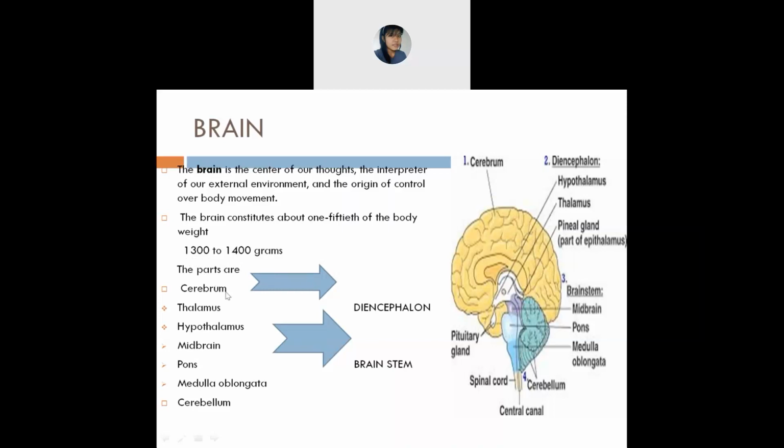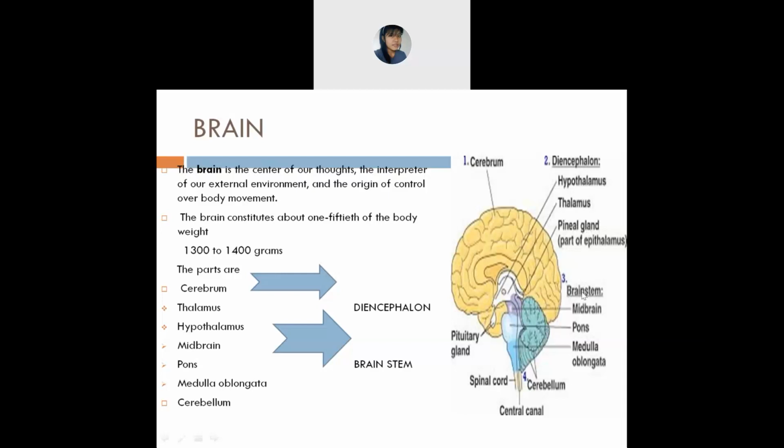And there are also some parts in the brain. So what are the parts of the brain? This one you can see here. Number 1 is the cerebrum. Number 2 is the diencephalon. So under the diencephalon, what will you find? You will find hypothalamus and thalamus.